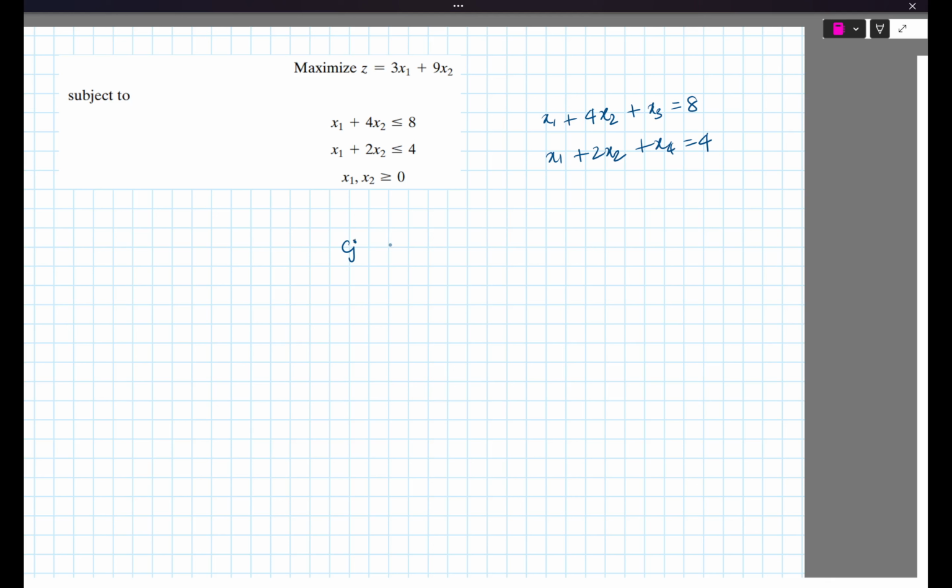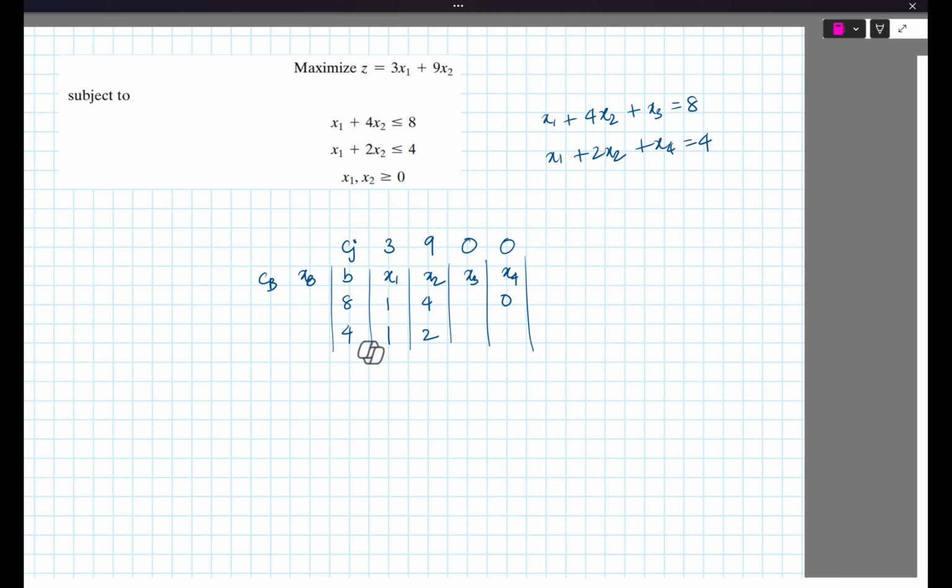Let's see, we don't need the first phase in this. x1 x2 x3 x4, 8 4, 4 0 0, 1.